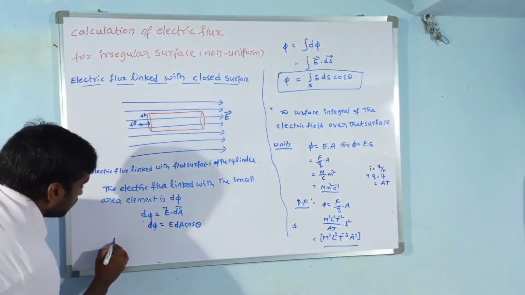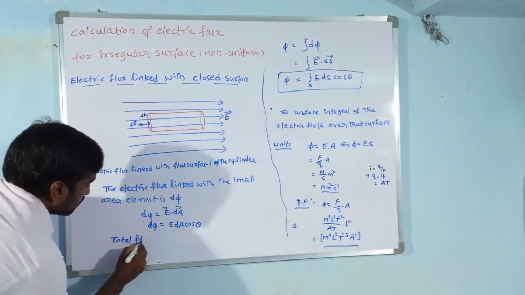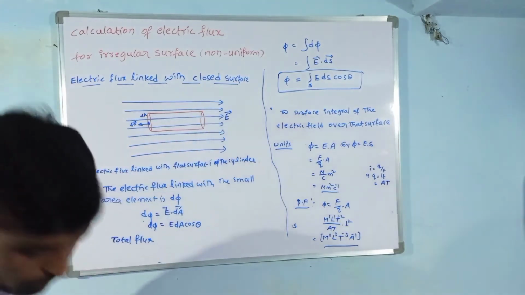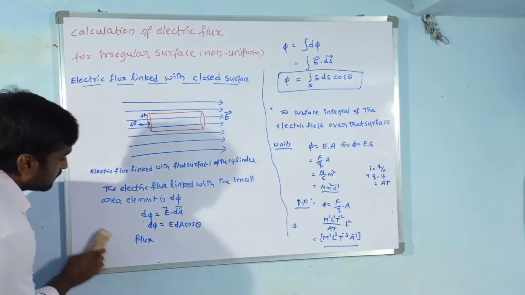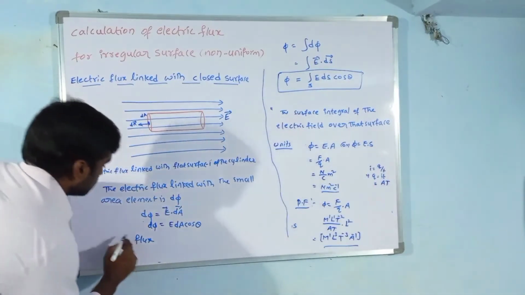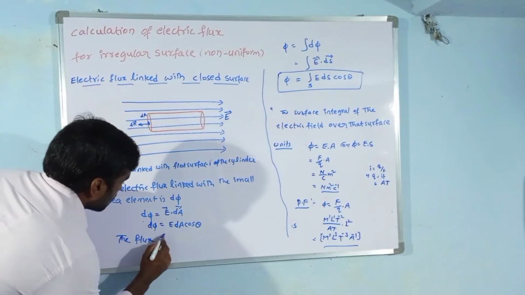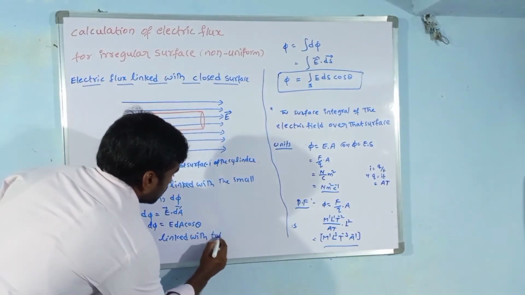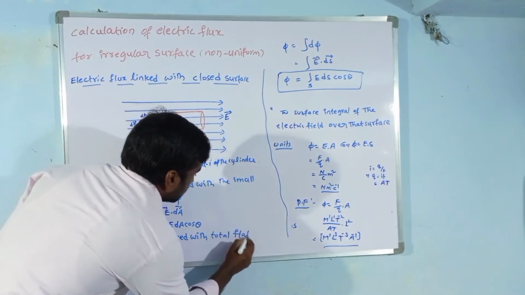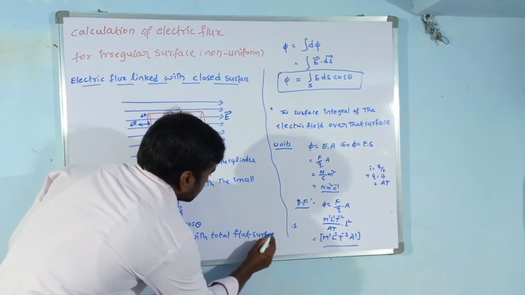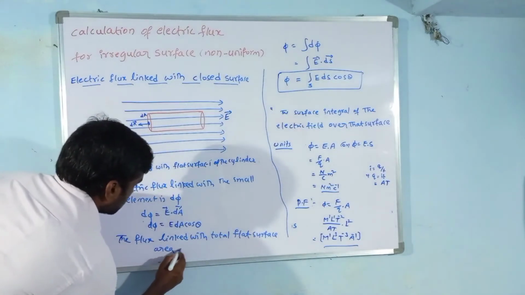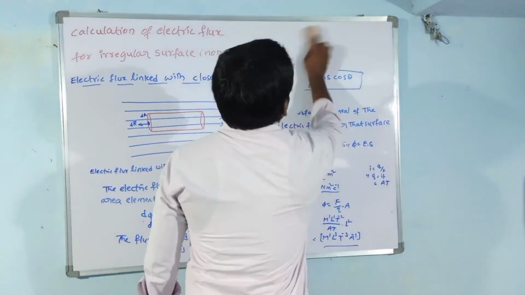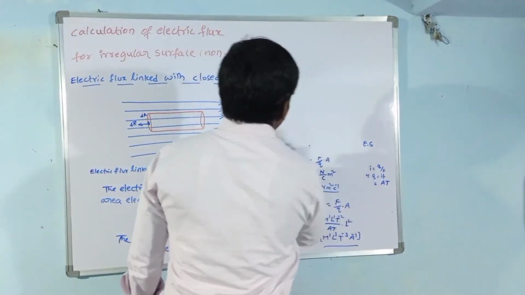So the total flux linked with the total flat surface area is, now I need this place, so I am writing this.